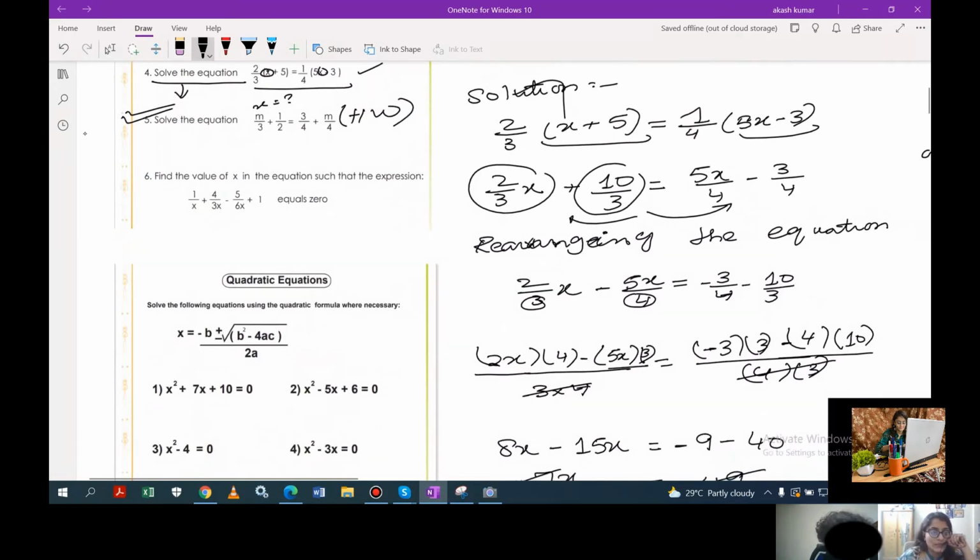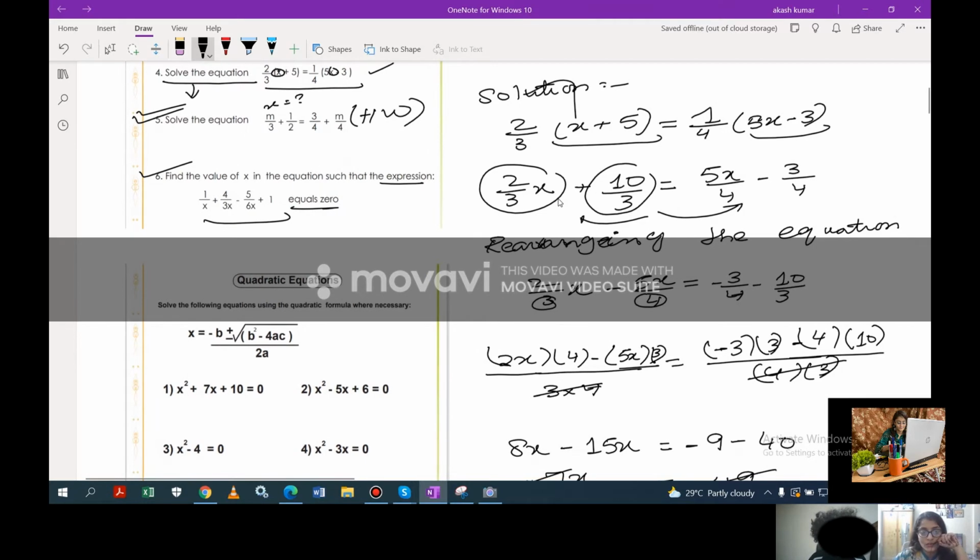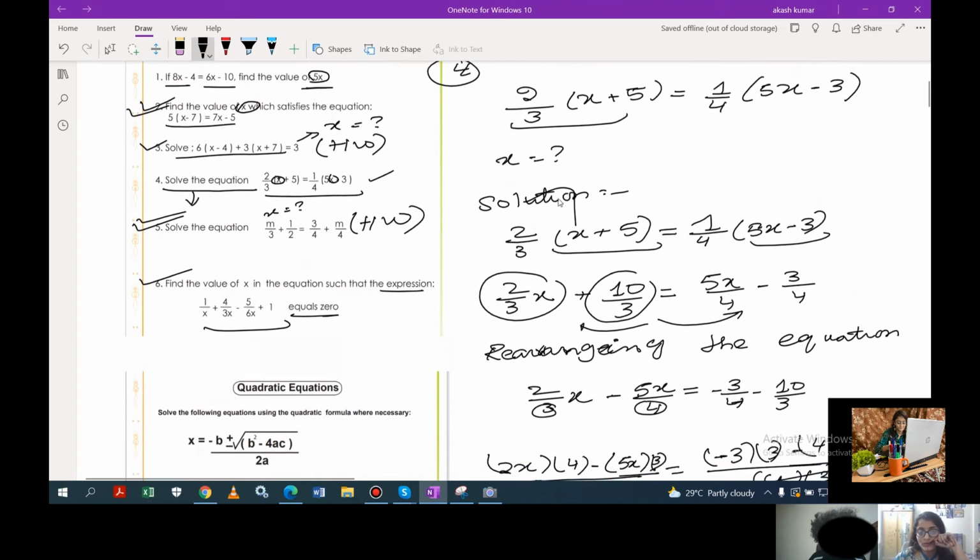So question number 6 is: find the value of x in the equation such that the expression equals 0. Okay. Let me just erase it all and then we solve question number 6.